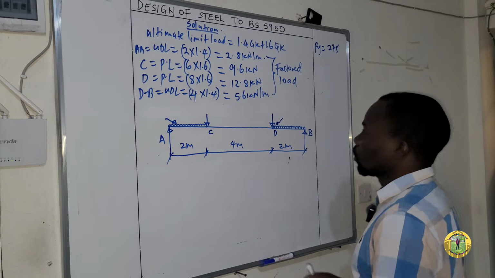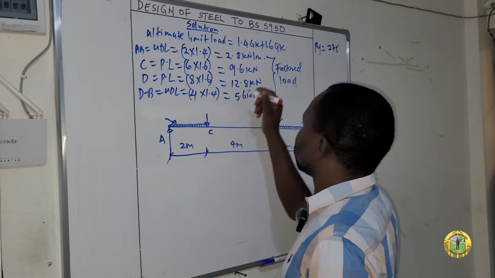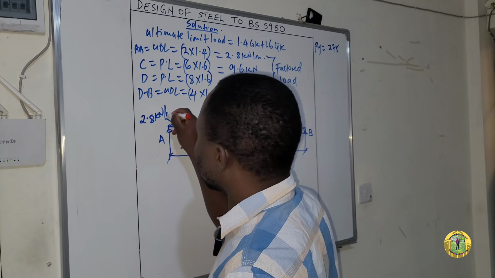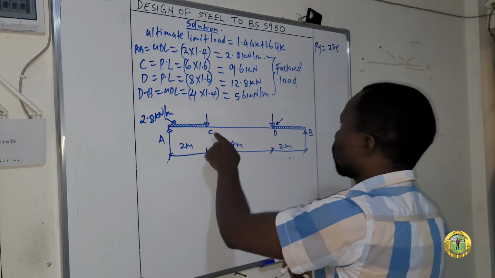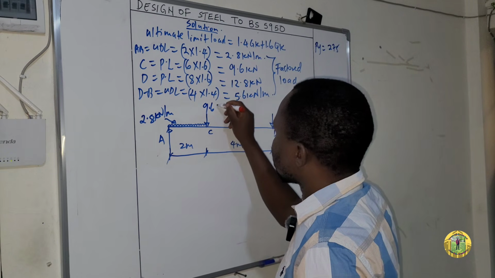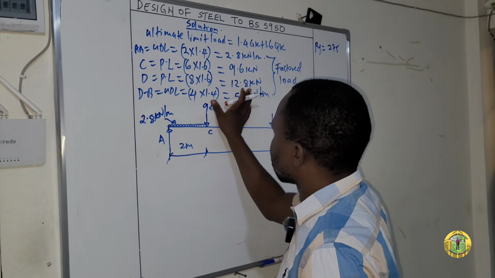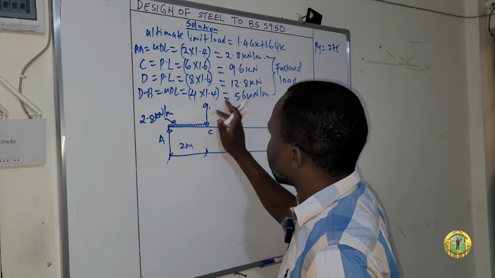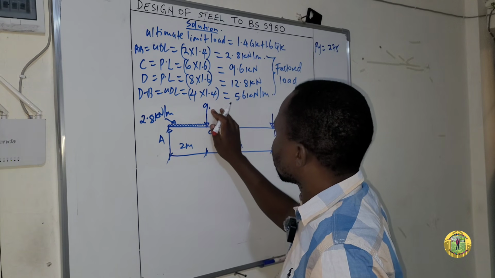So here we have 2.8 kilonewton per meter, and then here at C we have 9.6 kilonewton. Now forget about the QK and the GK because we have already factored.